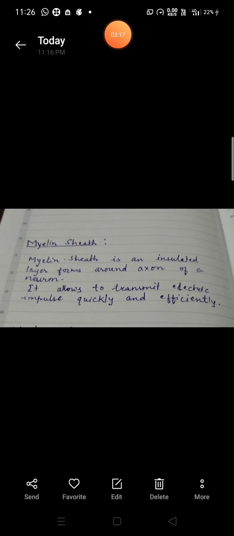Next one is the node of Ranvier, a periodic gap in the myelin sheath on the axon. It facilitates the rapid conduction of nerve impulses.